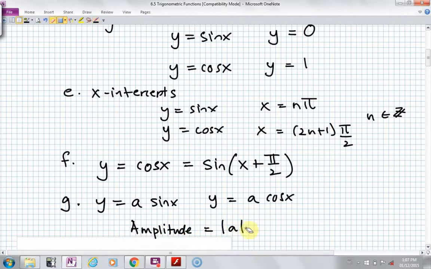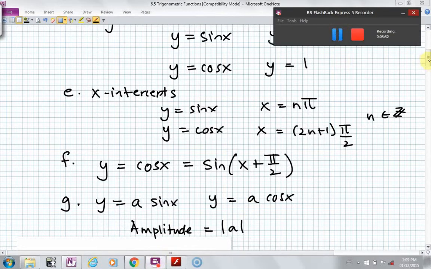And when I write amplitude, I write it in absolute value because amplitude for a wave is never negative. The amplitude is telling you how high is the crest or how low is the trough. It's a value without sign. It's a scalar value. Okay? So those 7 things about sine and cosine functions that you have to keep in mind. Are you all right? Okay.